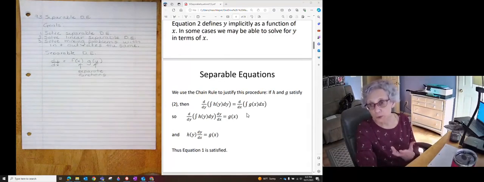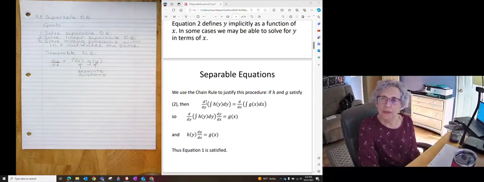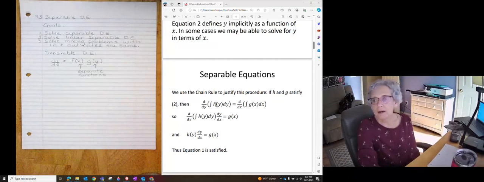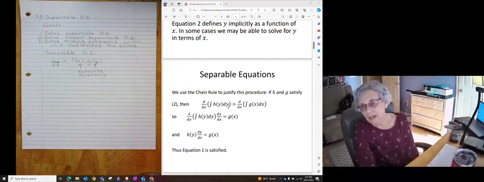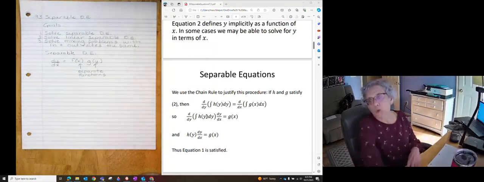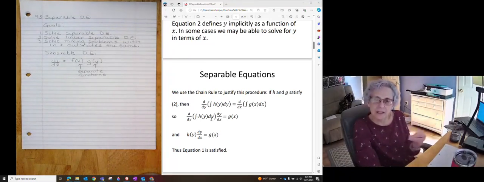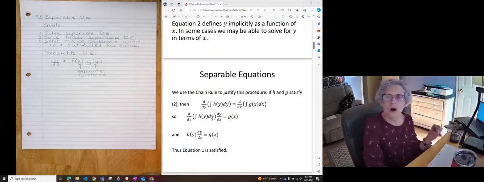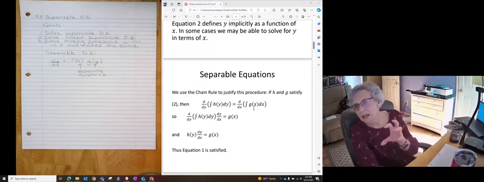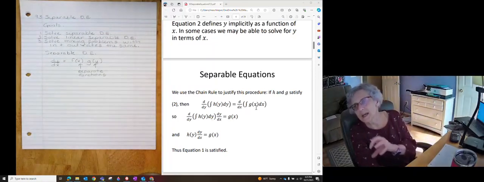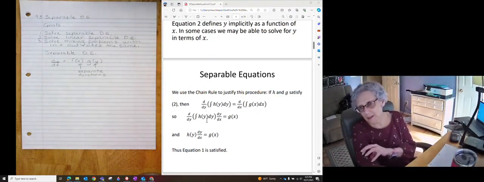So we use the chain rule to justify this, because if we want the derivative with respect to y of the integral of h of y dy, then we just imagine taking the integral with respect to y's on the left-hand side and the integral with respect to x's on the right-hand side.